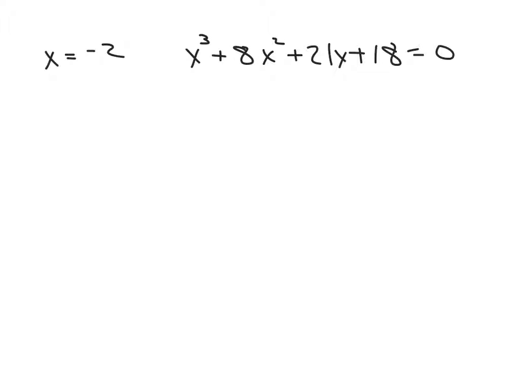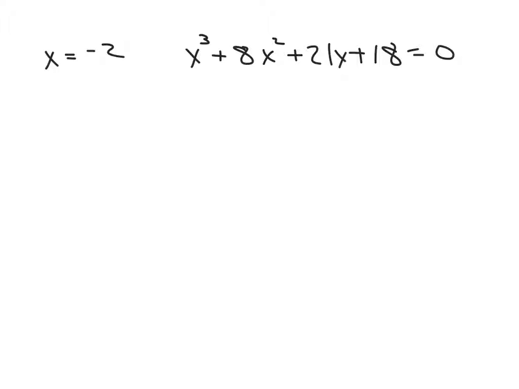Before we go into this one, I do want to make mention, and the book doesn't mention it. In fact, I guess they do mention it in the section preview. But one of the things about synthetic division, or any kind of division, is if you do not have a remainder, then that means that what you divided is actually a factor.